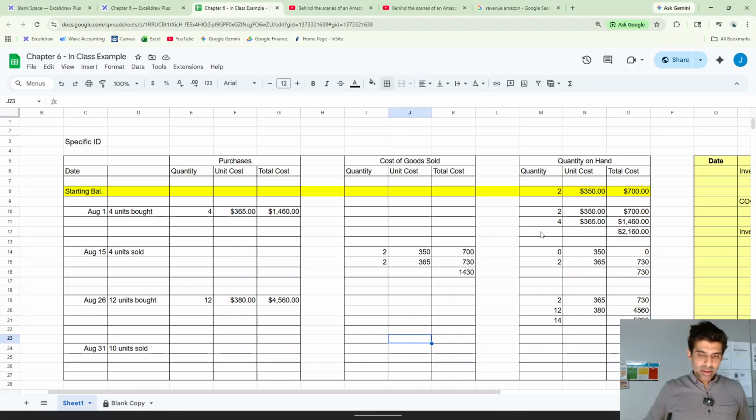Okay, and then I sold 10 units. Since we're using specific identification, we're going to have to know exactly how much of each one. So maybe we sold 1 of the 365 and then 9 of the other one.